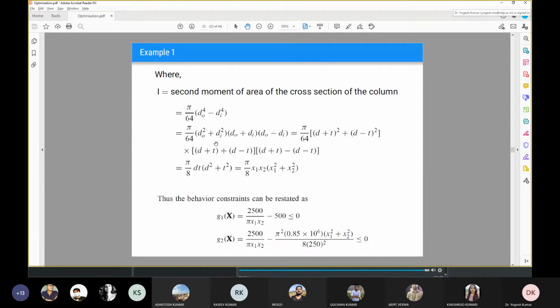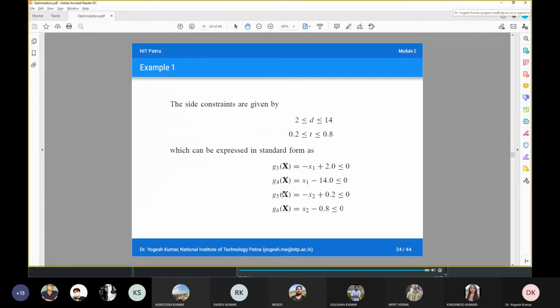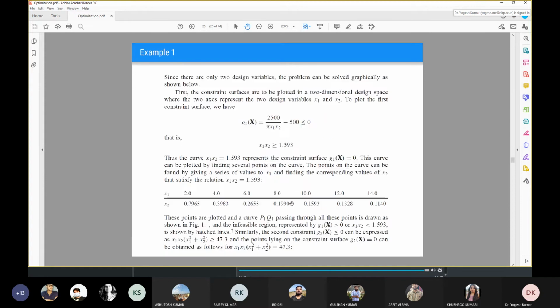Okay, so I hope after this revision it is clearer that you will be able to define constraints corresponding to any engineering optimization problem. You will be able to identify the objective function, whether it is minimization or maximization.